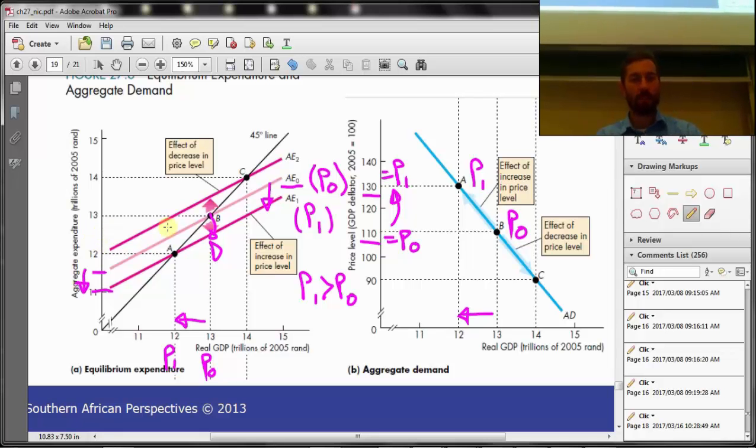So aggregate expenditure at point D is less than output. So what happens at point D? Firms reduce the amount that they are producing. As they reduce their production, we can move along aggregate expenditure curve AE1 from point D towards point A. So the increase in price leads to a decrease in equilibrium output based on what people are prepared to spend. You happy with that idea?